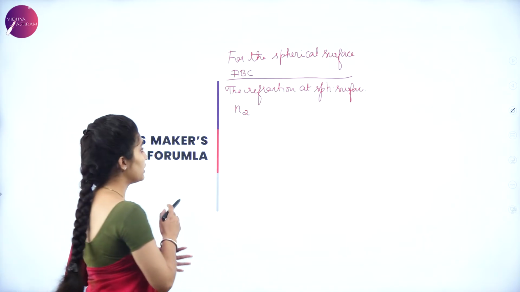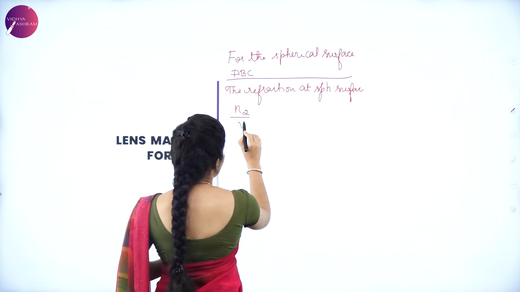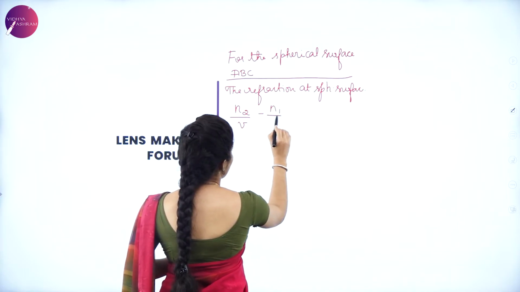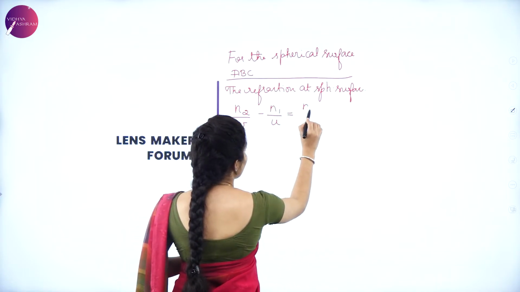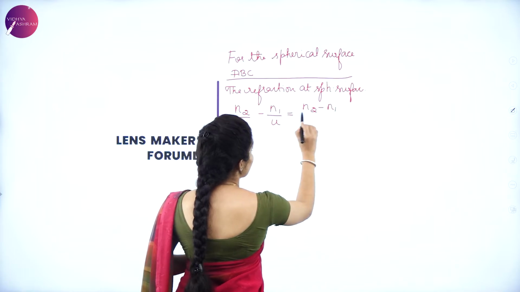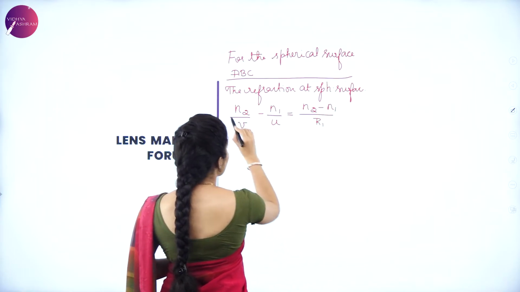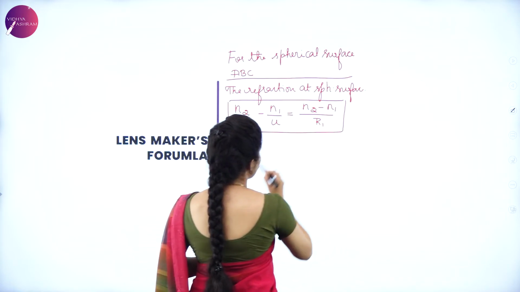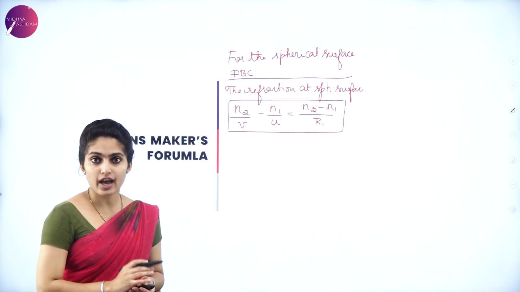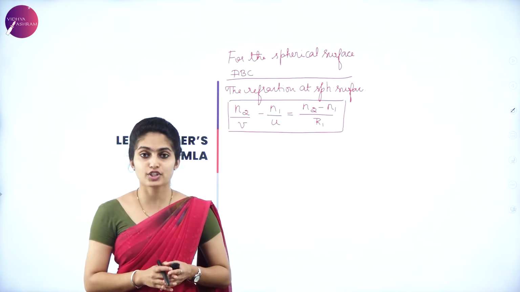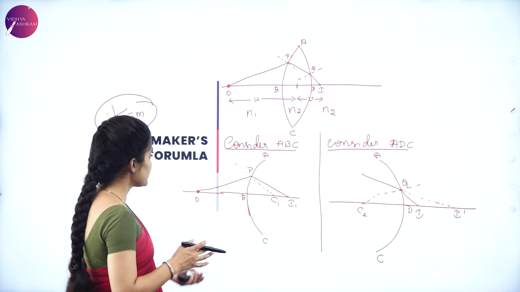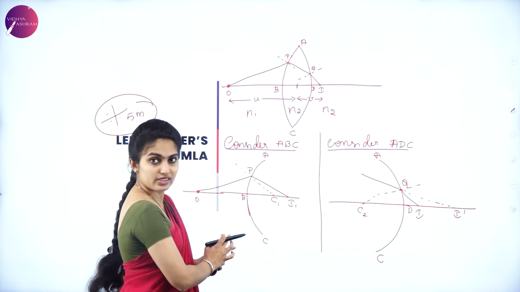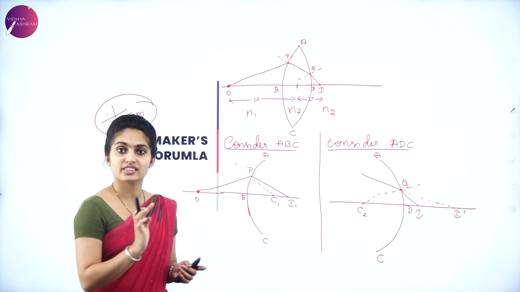The general formula is N2 by V minus N1 by U is equal to N2 minus N1 divided by R1. This is the general formula we have. We will have to substitute in this. The object is placed at distance U and the virtual image is at I1.